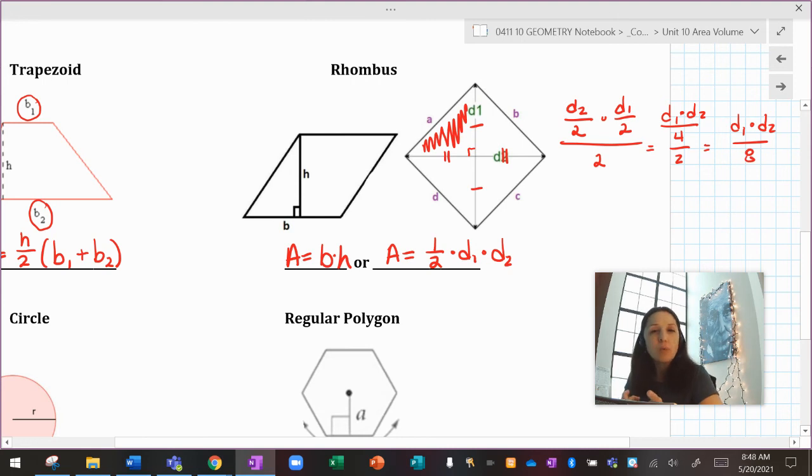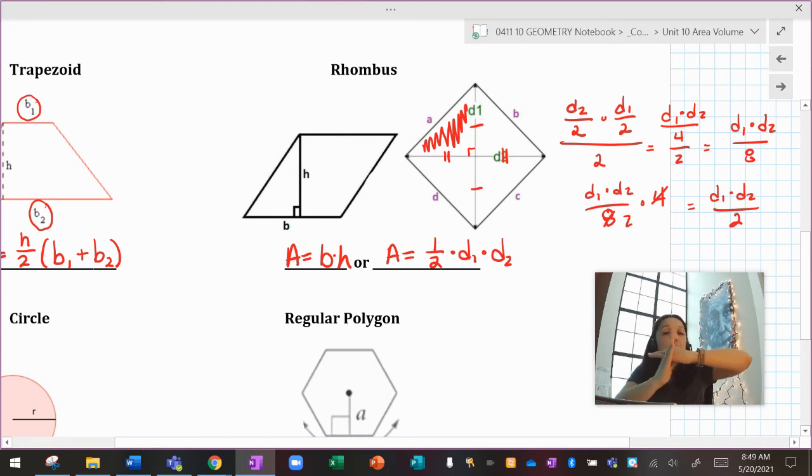Well, I have 4 of those. So d1 times d2 over 8 times 4 is d1 times d2 over 2. In other words, I can do 1/2 the product of the diagonals because the diagonals are perpendicular and they create 4 triangles. So that's where that formula comes from.